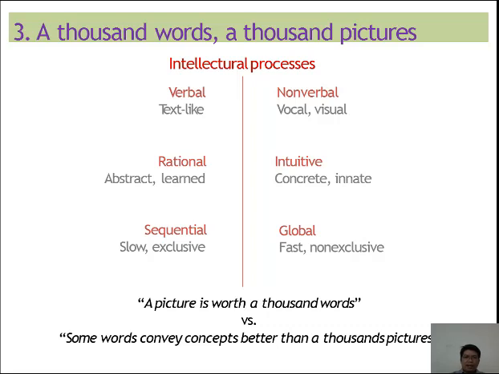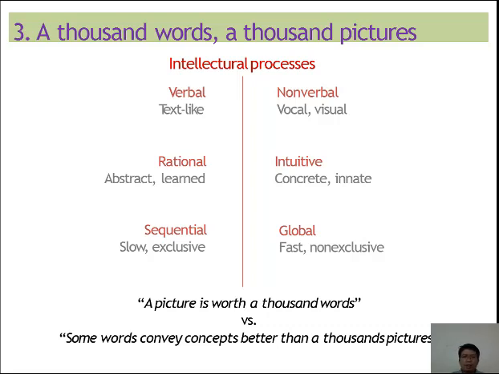Next one, 1,000 words or 1,000 pictures. We have to understand the advantages and disadvantages of using different means of communication. For example, for intellectual processes, verbal versus non-verbal. Verbal is text-like, a lot of text.